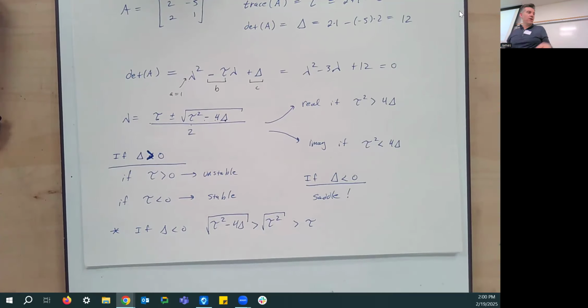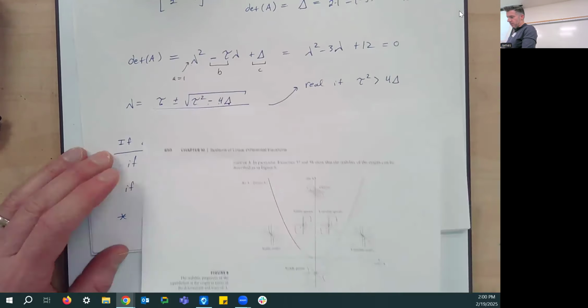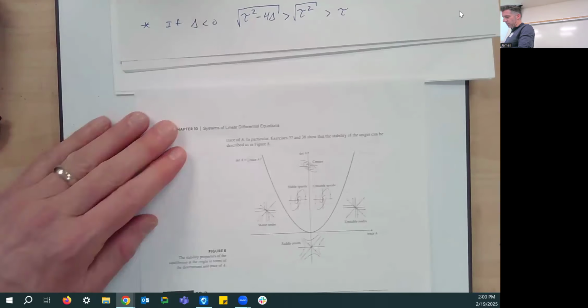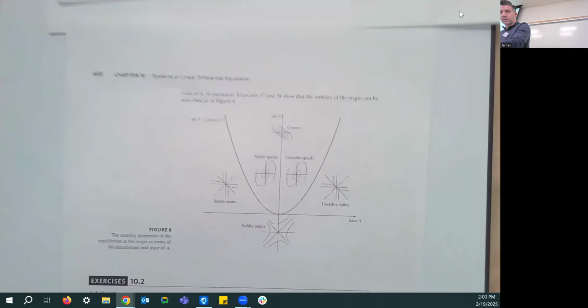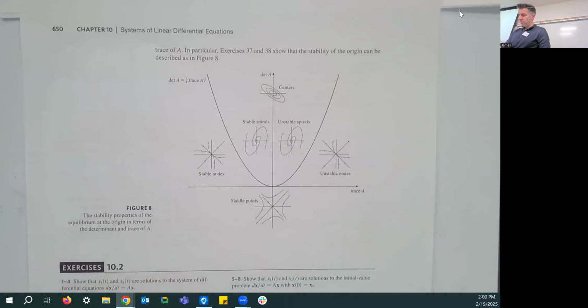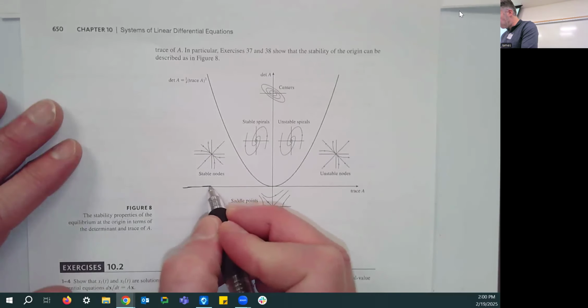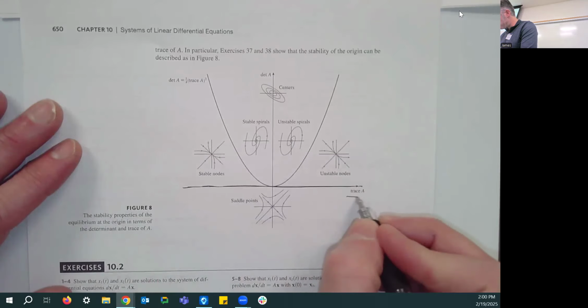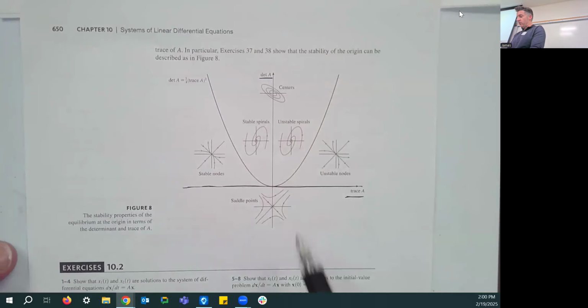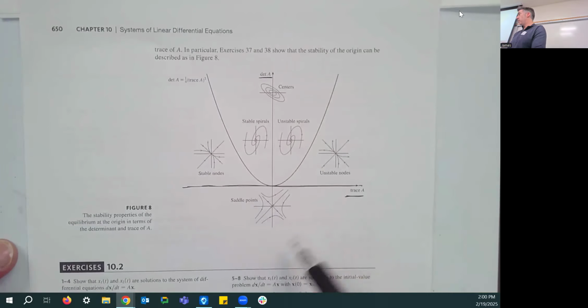Kind of cool. There is a really neat picture in your book, I think, that describes all this, which is this picture here. Let me zoom in so you can see that a little better. This picture shows you that if you make your x-axis the value of the trace and your y-axis the value of the determinant, then if your determinant's negative, you're down here in saddle land.